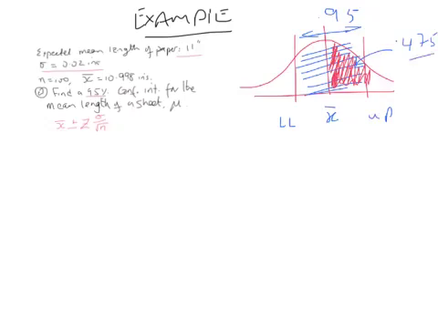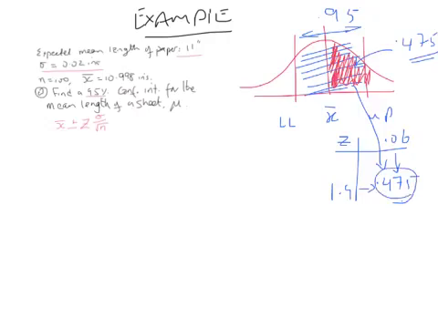0.475. If you go to look up the Z table, and you try to find 0.475, remember that's the area, in the body of the table, you will find 1.9 and 0.06. That's where you will find that number, 0.475, which means that our Z value is 1.96.